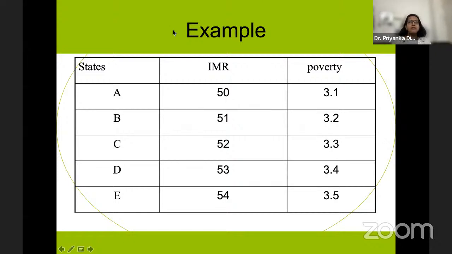Now another important technique is the chi-square. The question is, ma'am, we apply correlation if the variables are continuous and linearly related. How to check linearity in a large data set? Yeah, so there are some techniques through which we can identify whether the variables are linear or not.